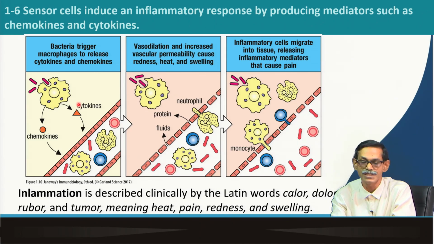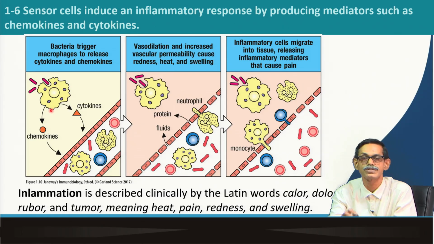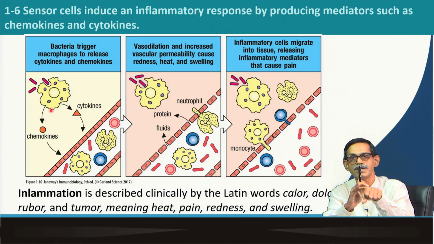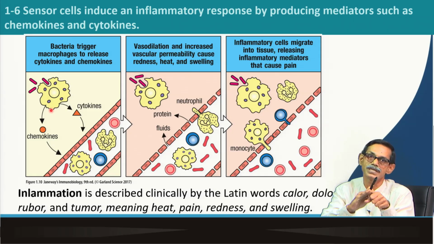So, what happened in the tissue? Suppose this yellow part is the tissue, and there is a bacterial infection, suppose there is a cut in the hand, or some nail just entered, or any kind of tissue damage. Some bacterial infection happened here, and there are macrophages and dendritic cells here. The macrophage will see these bacteria, recognize them, eat them.